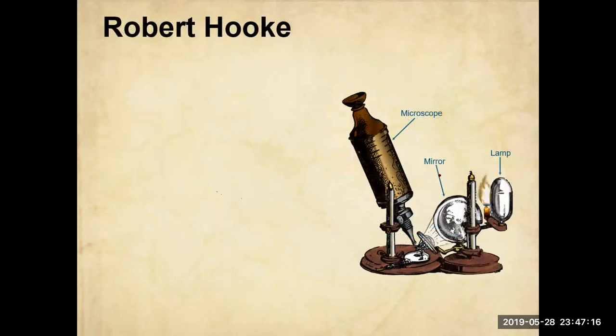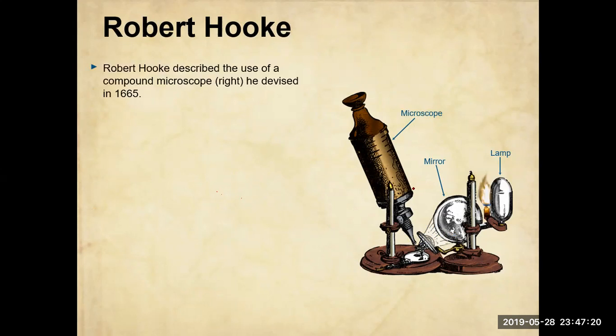And here is the Robert Hooke microscope. Robert Hooke described the use of a compound microscope he devised in 1665, the one on the right side.